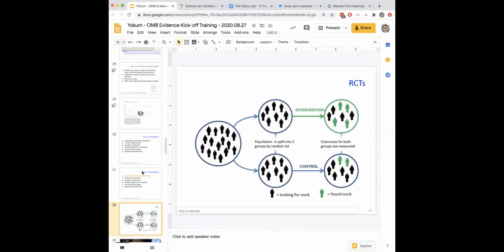What happens in this typical setup is you take a group of individuals and you split them up in a random way. I mean that in the sense of flipping a coin. If it's heads, you go into a job program, and if it's tails, you don't. That coin flipping, that randomness, is the really critical ingredient to a randomized controlled trial.